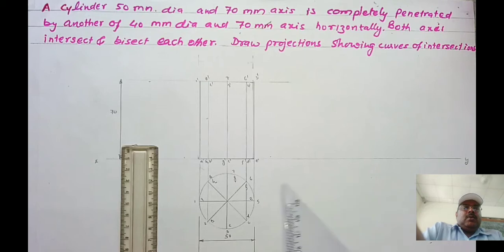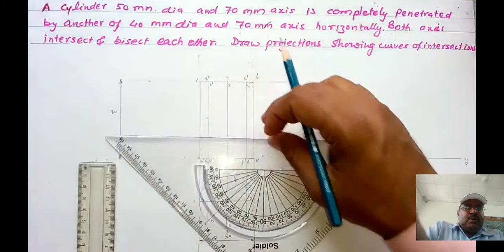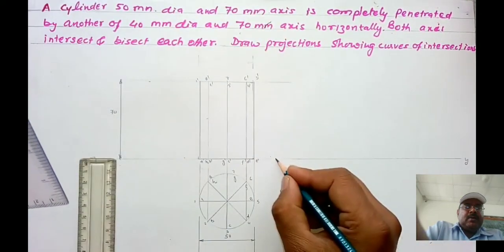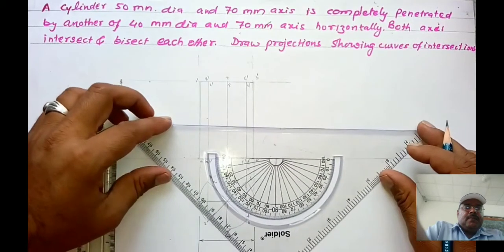And we have to project all the points, that is the equal part points, to the front view from the top side.